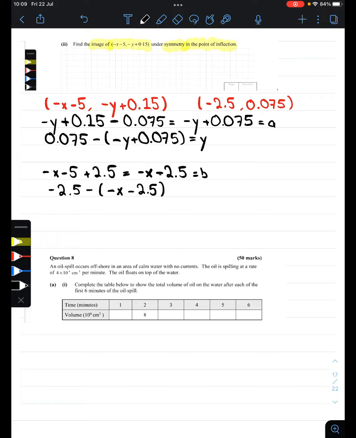And this just gives us x. Interesting. So the point of the image is just xy.